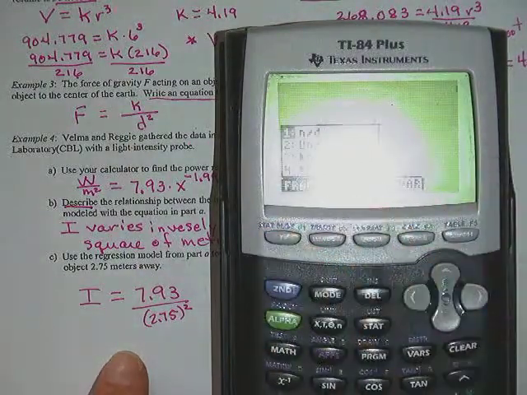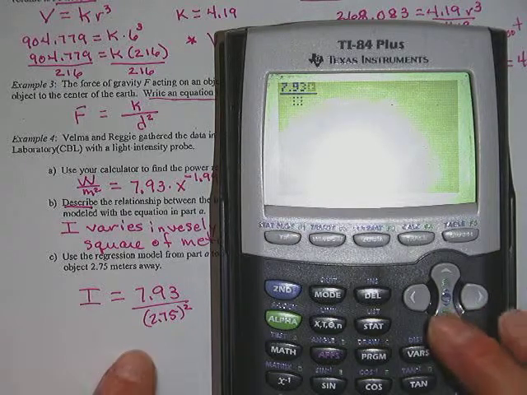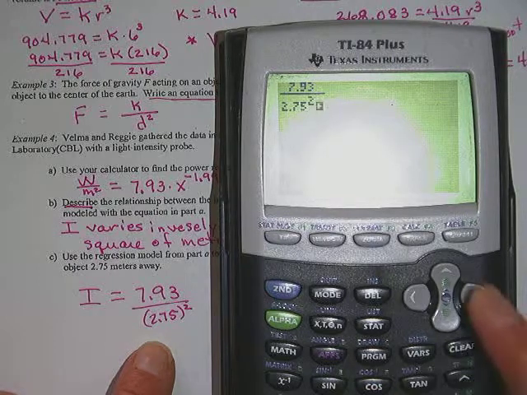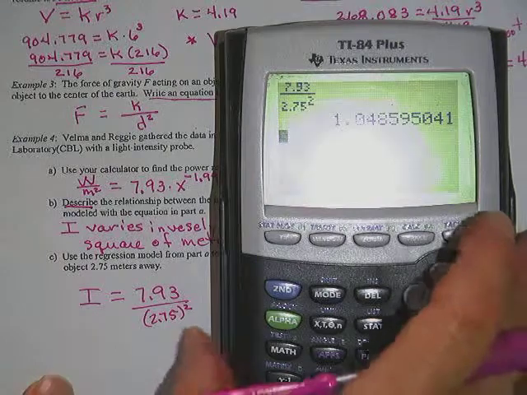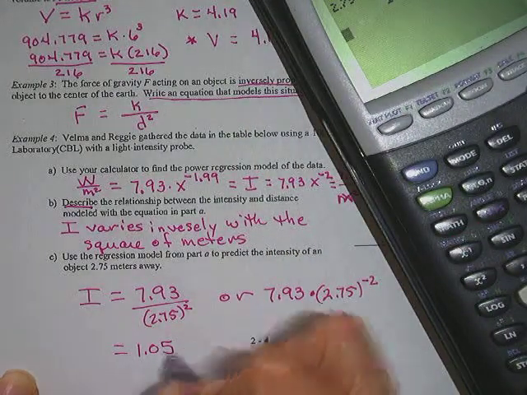All right, so now let's do that. Here we go. Okay, we have 7.93 divided by 2.75 squared. And I get 1.05.